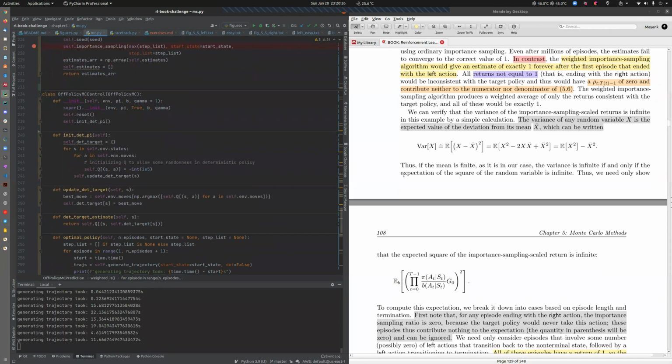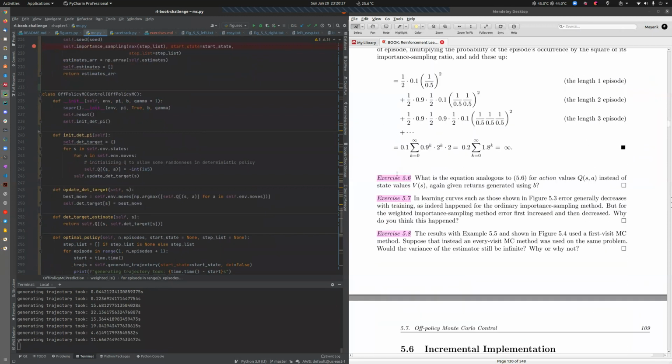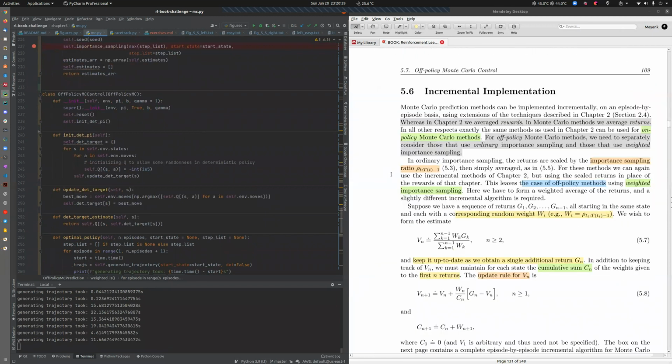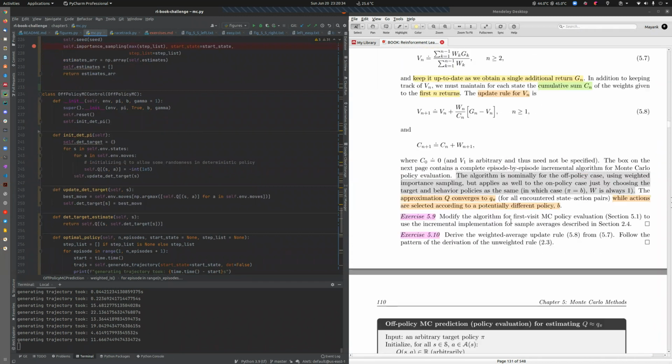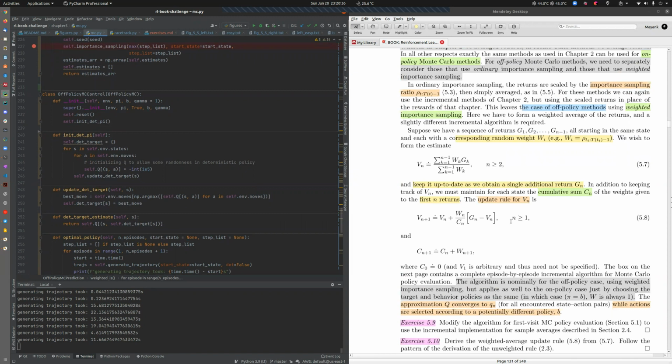Okay, this was with the weighted importance sampling. Now we discussed the incremental implementation last time. Here in exercise 5.9, we were told to use the incremental implementation for the sample averages described in section 2.4.